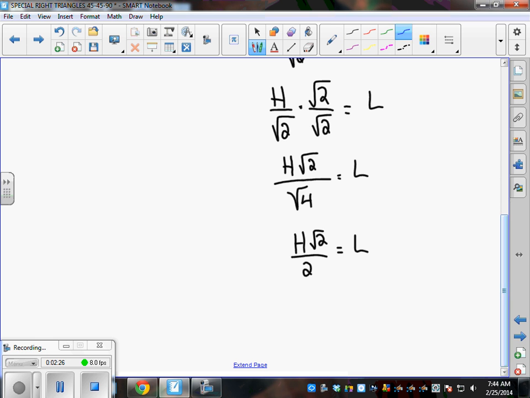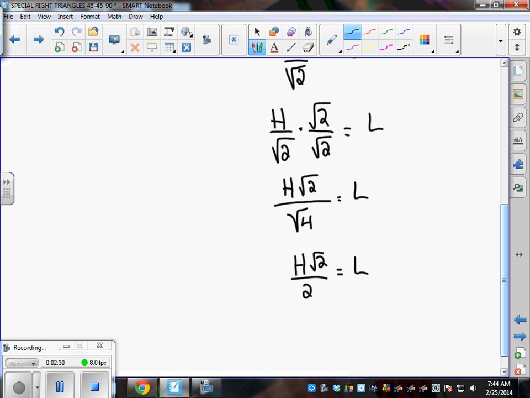We want to keep in mind our two formulas. To get the hypotenuse, you take the leg times the square root of 2. And if you want the leg, you take the hypotenuse and divide by the square root of 2. Those two formulas will allow you to find your other sides in your triangle.